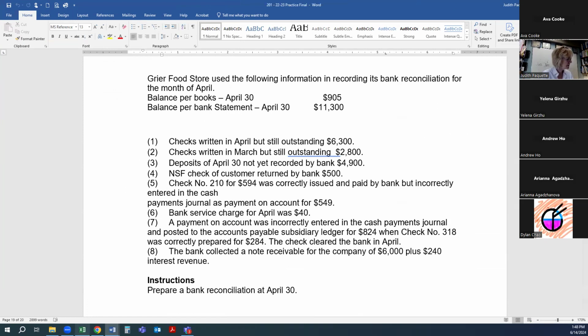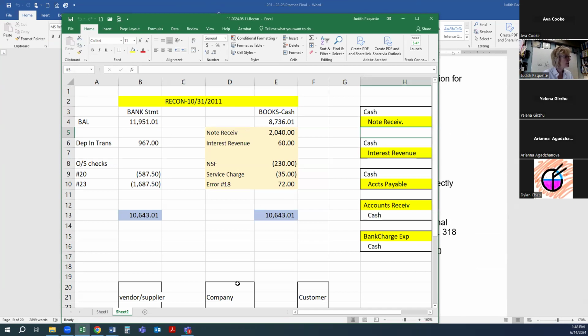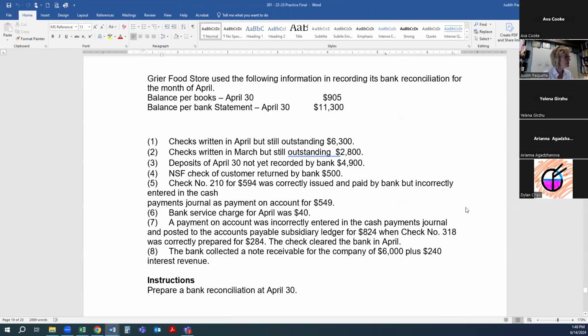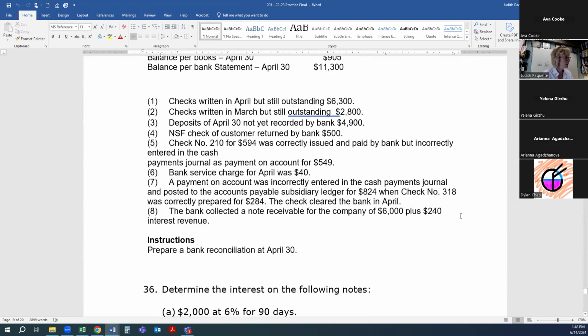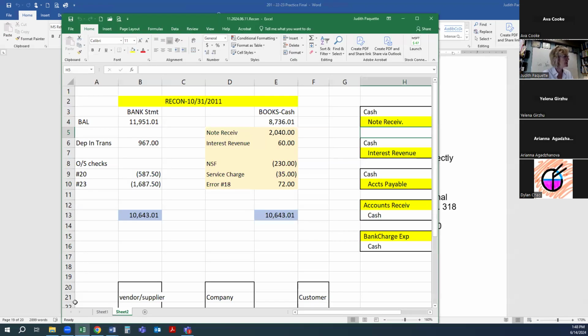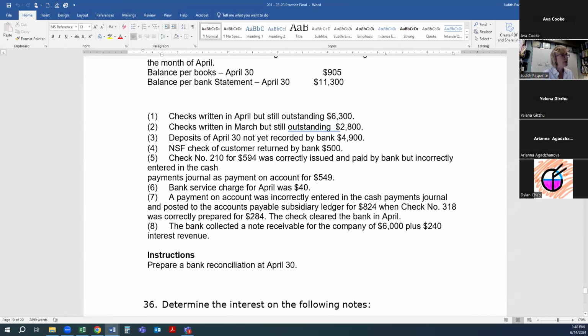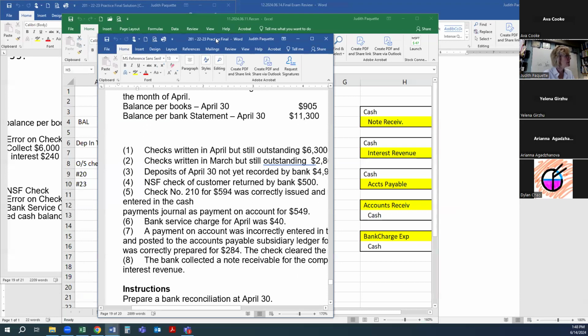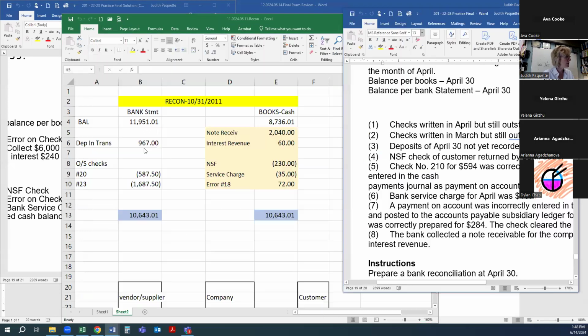And I think I have this. It's the same one, 11,951. No, it's a different one. Balance per books 905, balance per bank. That's a pretty big difference, right? Okay, this is a different problem, and we'll come back here. Let me pull up a blank Excel worksheet.